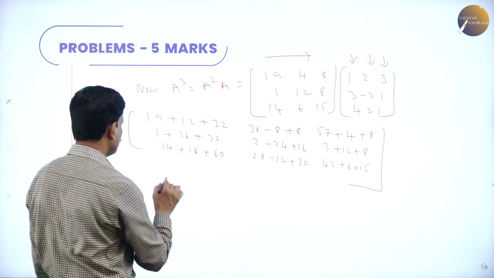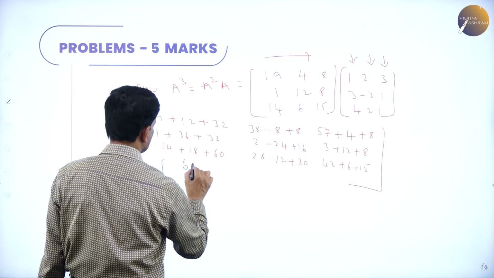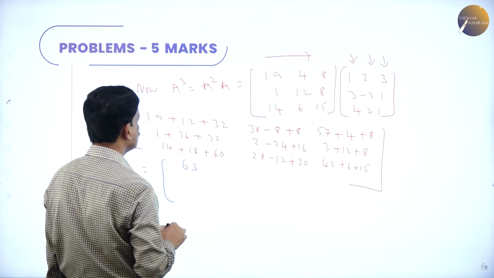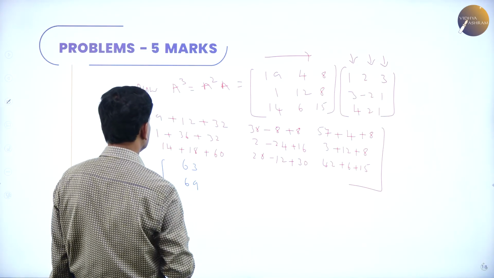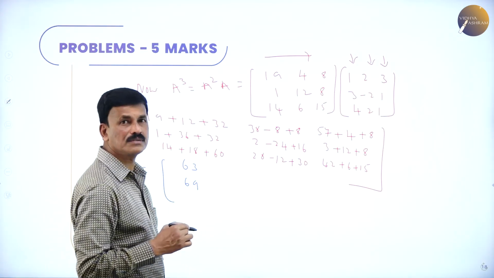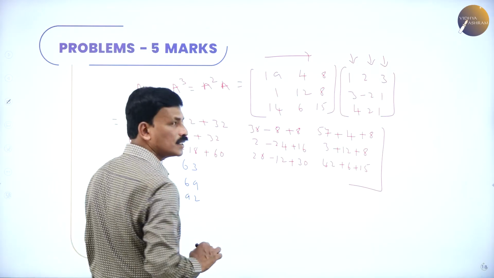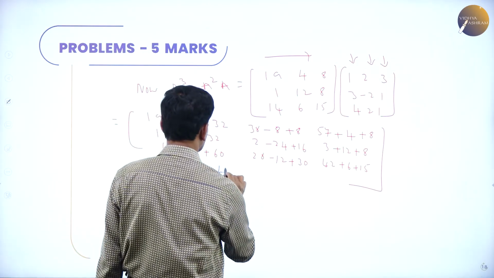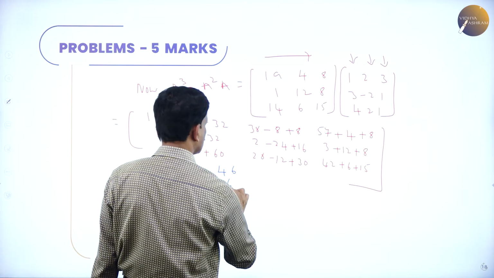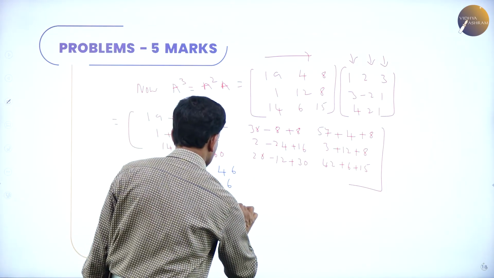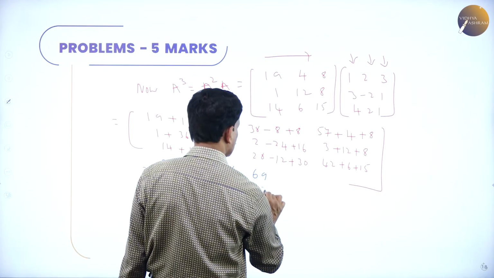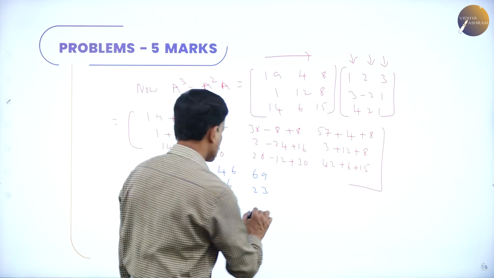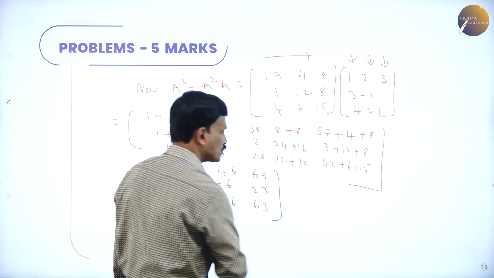Now if you add, we are going to get 63, 36 plus 32 plus 1, 7, 8, 9, 69. Then this is what we are going to get, 92. And the second row, so this is 46 minus 6, 46. Then the last row, so if you add this, you will get 69, 23, then 63. These are the values of A cube.